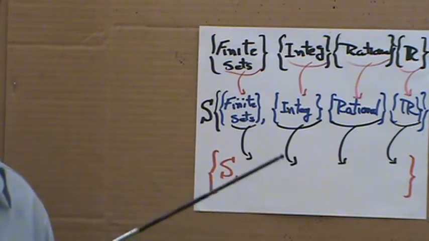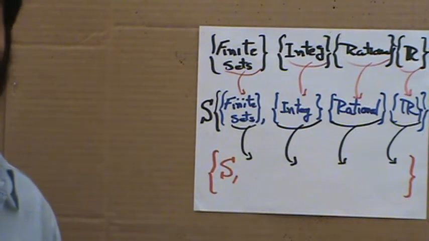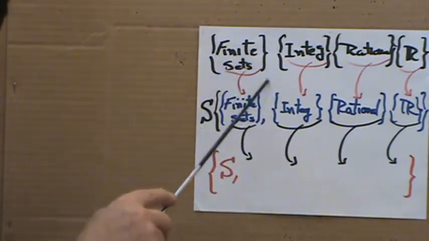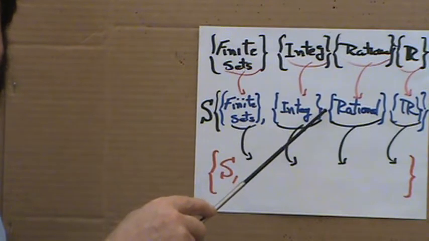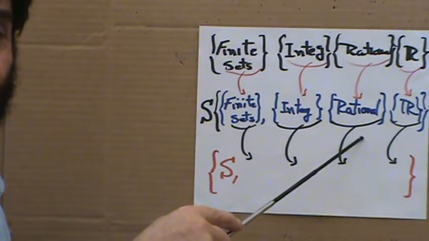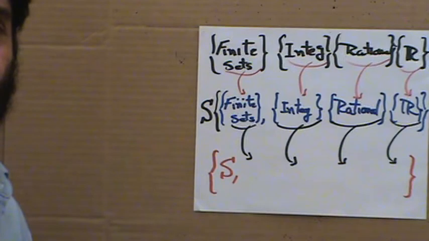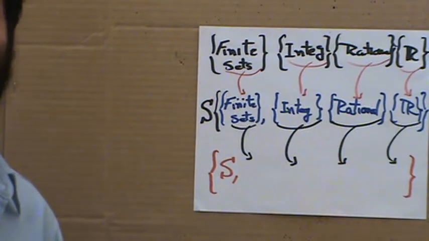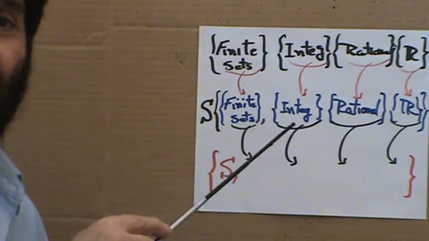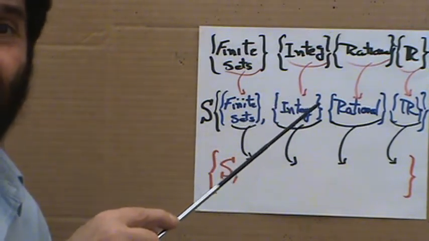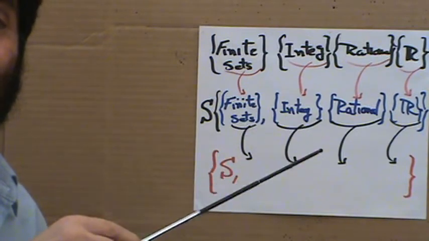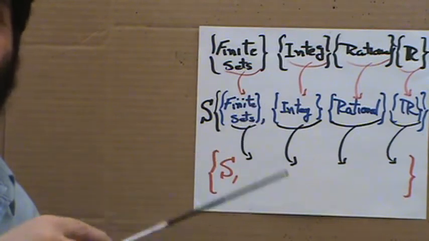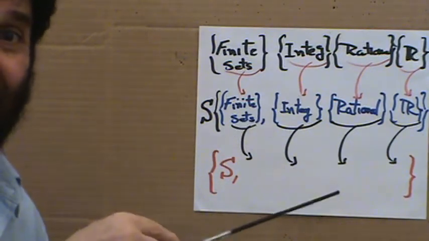There is only 1, 2, 3 in there. If you want to include the set {1, 2, 3} as an element also, you write 1, 2, 3, then open a bracket, write 1, 2, 3 in that bracket, close it, then close the outer bracket again. If you do that, then that finite set has 4 elements. The first is 1, the second is 2, the third is 3, and the fourth is the same set {1, 2, 3}. So the set {1, 2, 3} becomes an object in that set.